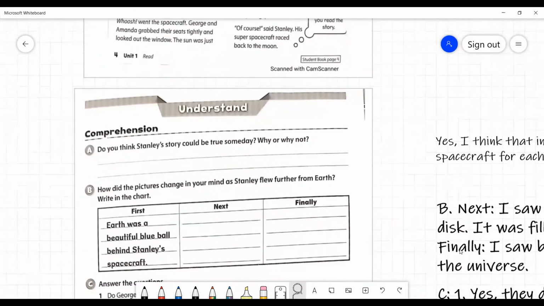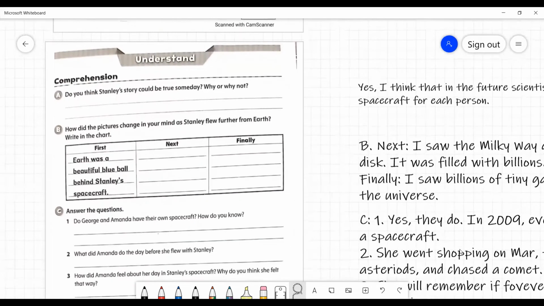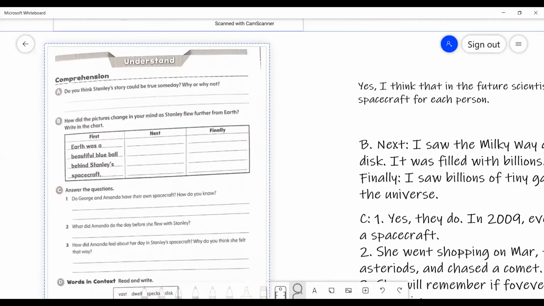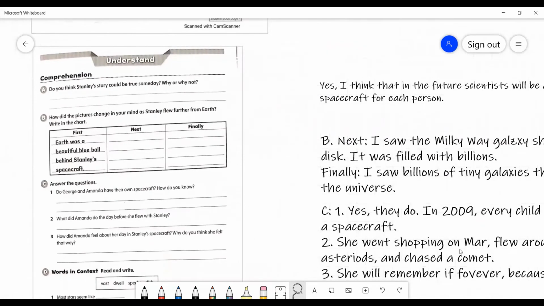So this is page number 5. With the help of the given story, we will write the answers to these questions. Number A, do you think Stanley's story could be true someday? Why or why not? So, according to my opinion, we will write yes.